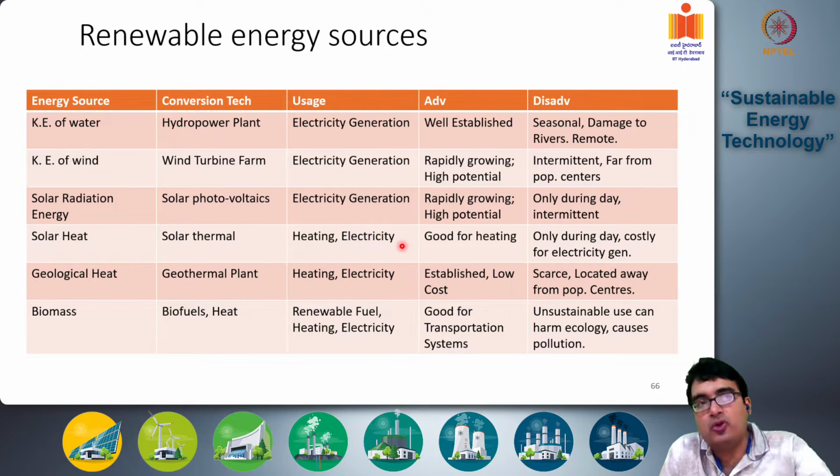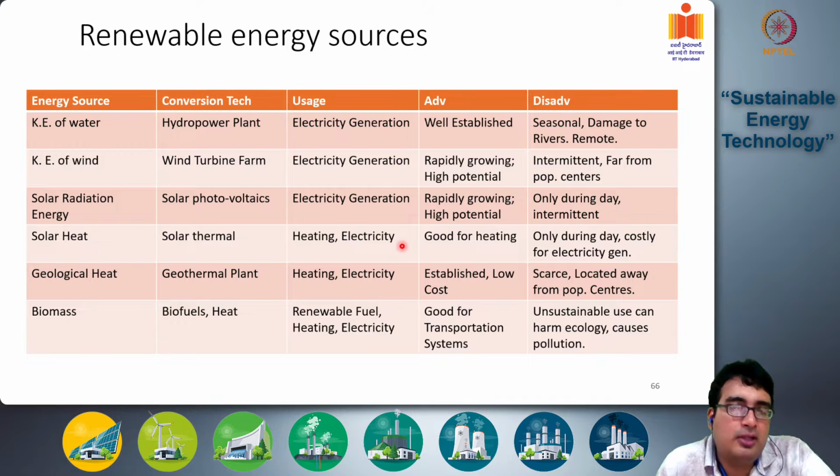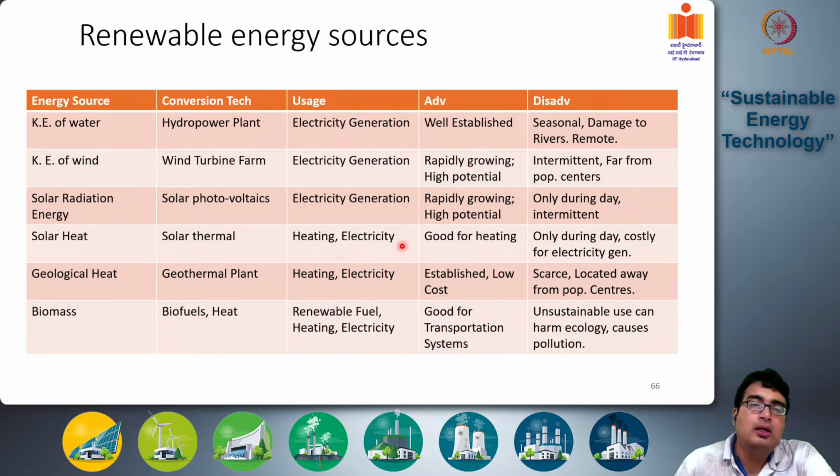So solar heat is one of the few renewable sources that directly converts a renewable source into heat rather than to electricity, and it has a large potential in solving the heat requirements in industry and residential sectors. But if it comes to electricity generation, this is more costly than the solar photovoltaic technology, which is why it is lagging behind the solar photovoltaics when it comes to electricity generation.